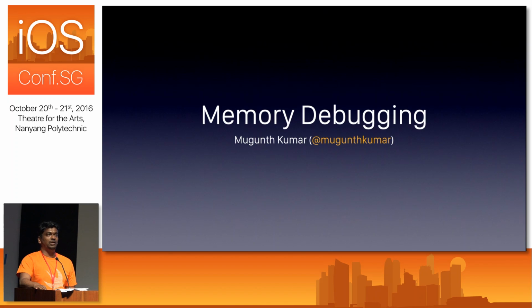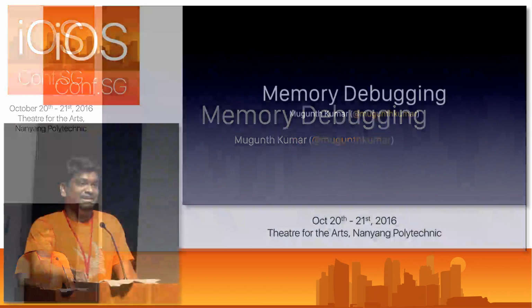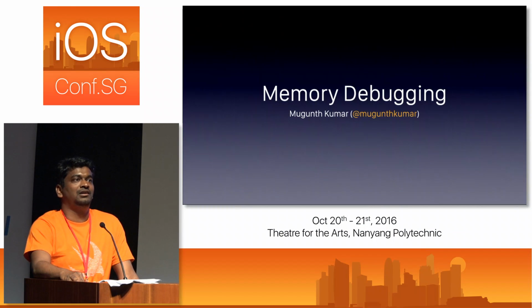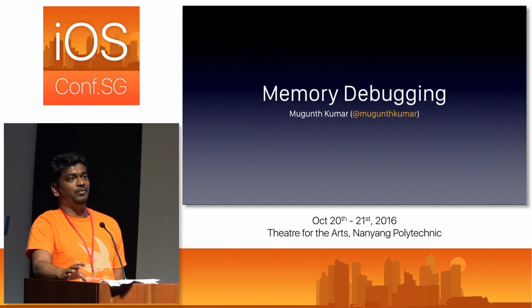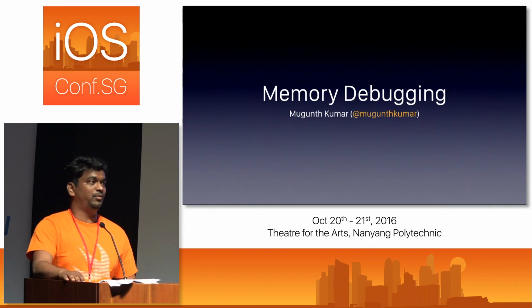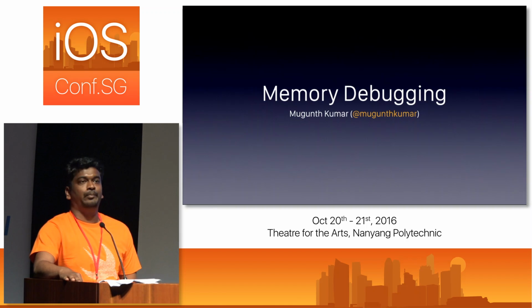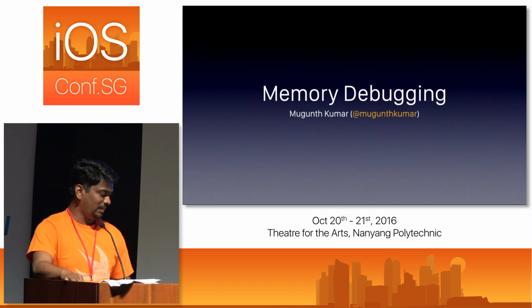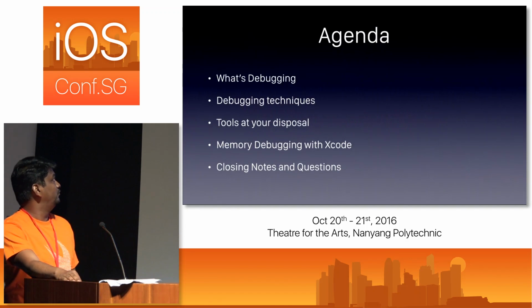And finally, we'll close with a very simple demo where I intentionally create a retain cycle memory leak and show you how to visually see and debug that using the new graph debugger. Okay, so this is a very simple agenda.